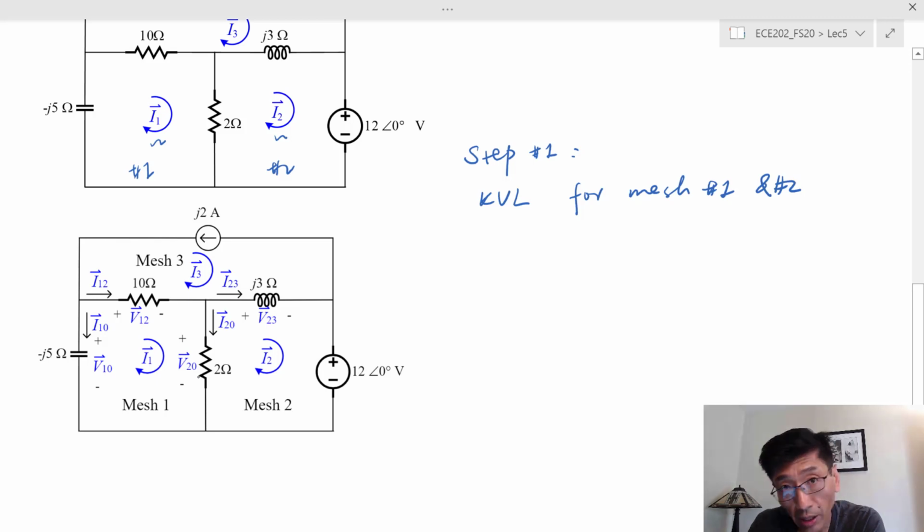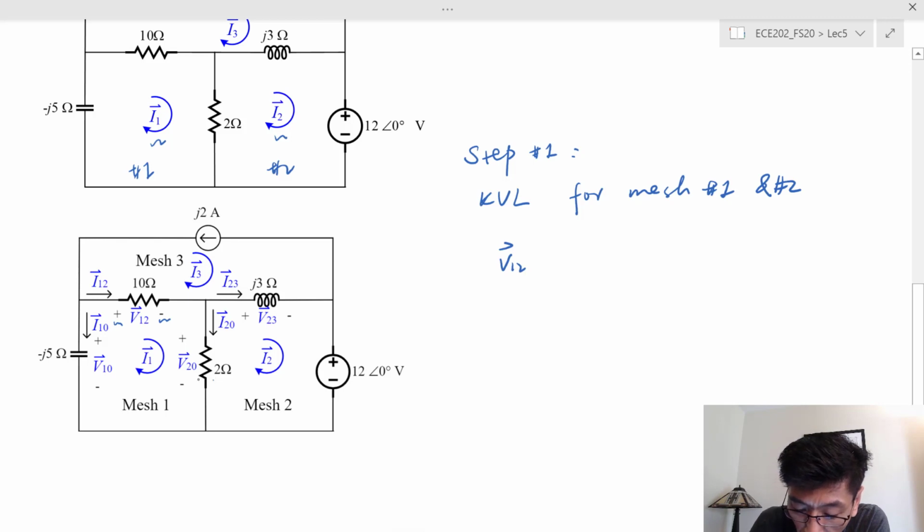Remember, we write the voltage drops across each non-source element. For mesh number 1, it's easy because there is no voltage source, right? In this case, let's start with the 10 ohm resistance. That's V sub 1,2, right? And that's the voltage drop from plus to minus, or from left to right. So that's the voltage drop, V sub 1,2.